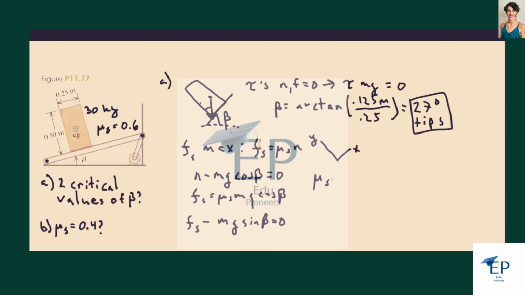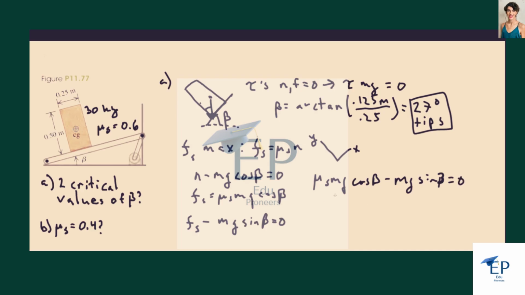So mu sub s mg cosine beta minus mg sine of beta equals 0.